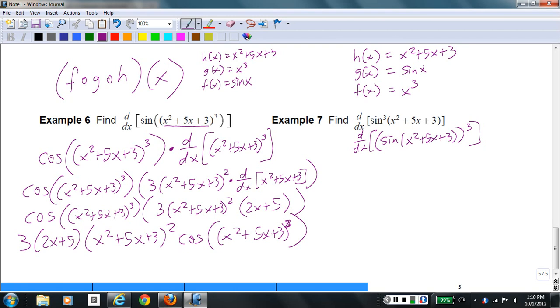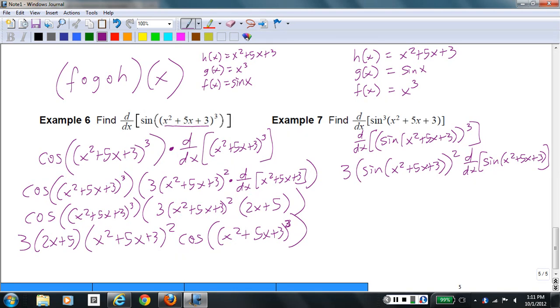So the derivative of something cubed is 3 times that something raised to the second power times the derivative of that something. 3 times that something raised to the second power, just applying the power rule to that.